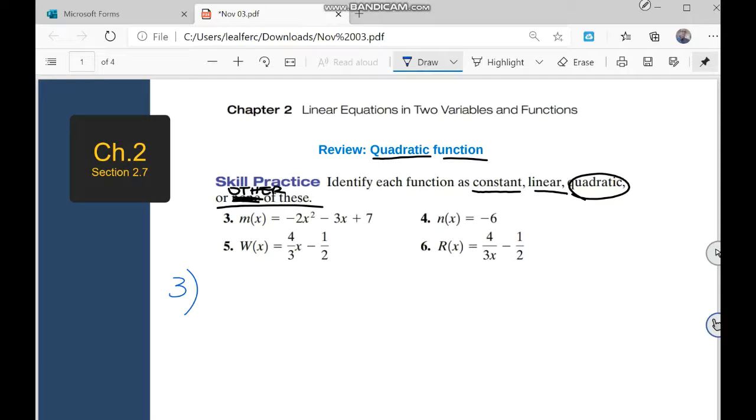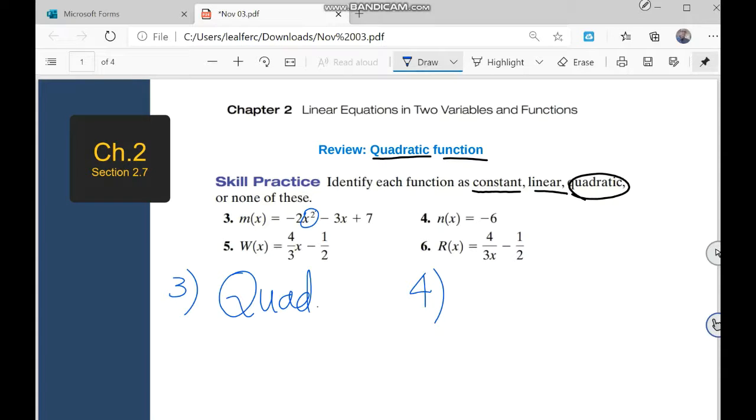To solve this kind of question, you just look at the variable, forget about the numbers, look at the variable, and the variable here is x squared, right? On this number 3, the variable that has the greatest exponent is x squared. If you can find an x squared, it's going to be quadratic.